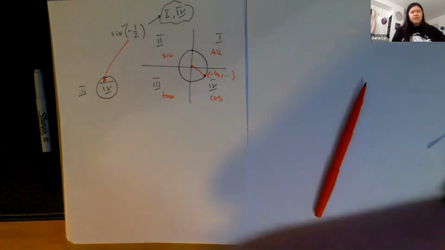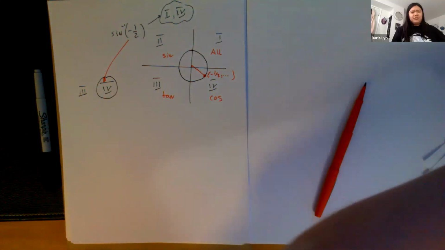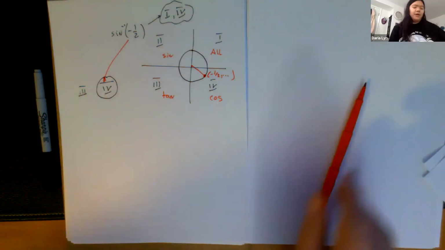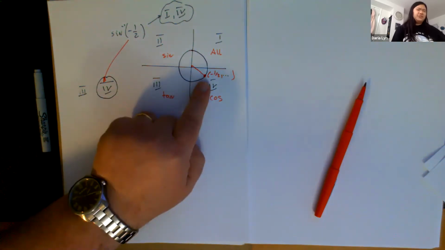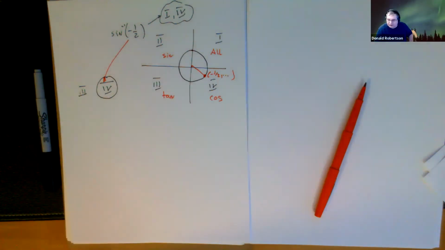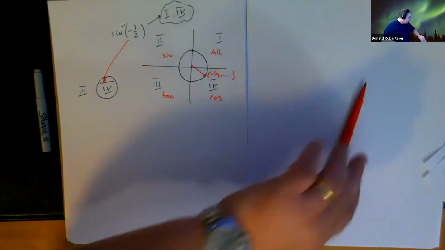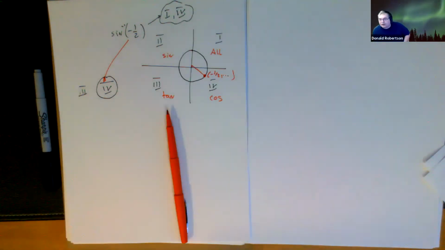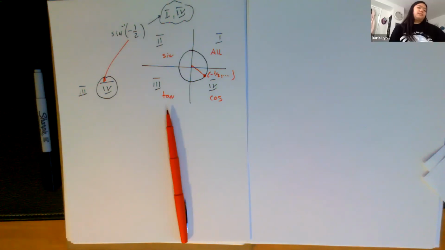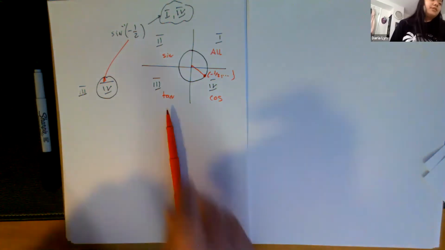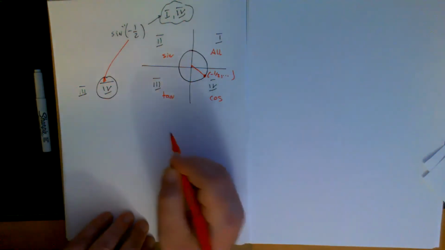Is it 330 degrees? Okay, if you're going to do it in degrees, that's correct. But let's just say it's radians. So instead of 330, what are you going to say? I'm not good at that. 11 pi over 6. Thank you.